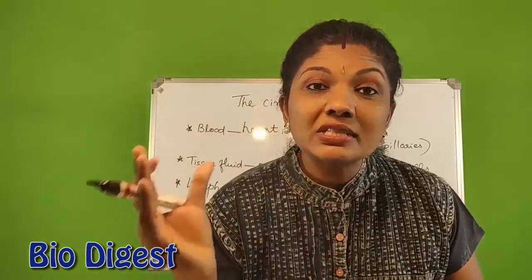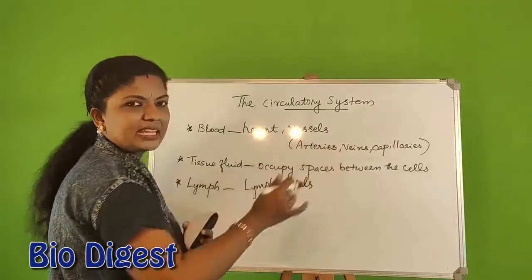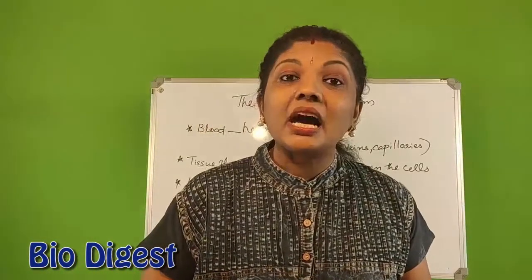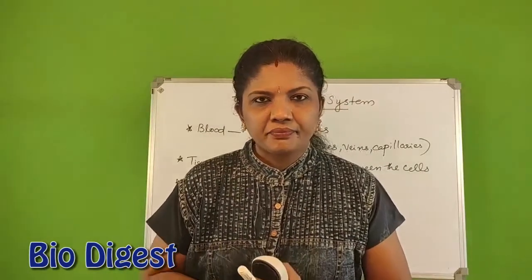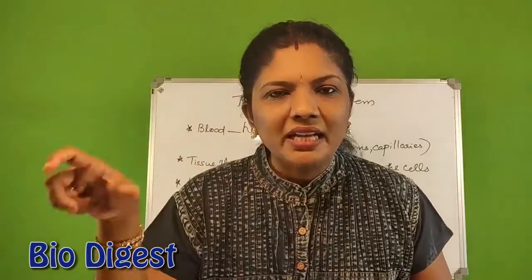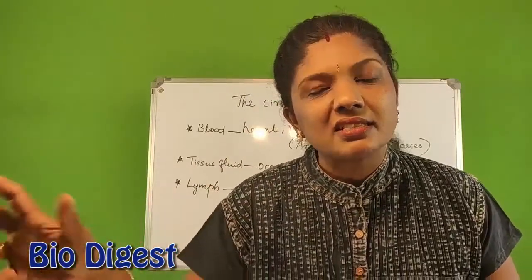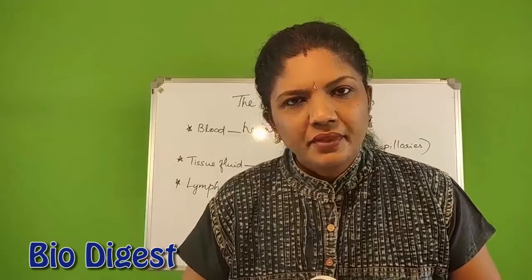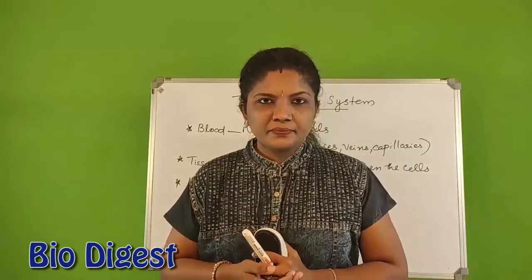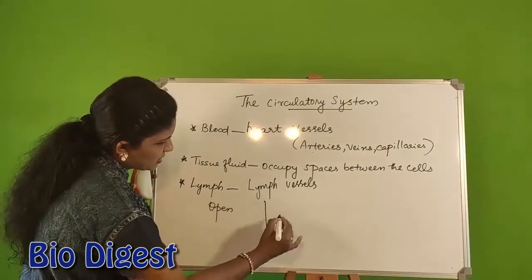Blood vessels, as I told you, arteries, veins and capillaries, carry the blood in our body. Then what about open circulatory system? The blood pumped by the heart passes into the body cavity called sinuses. So the blood enters open spaces, the body cavity called sinuses.